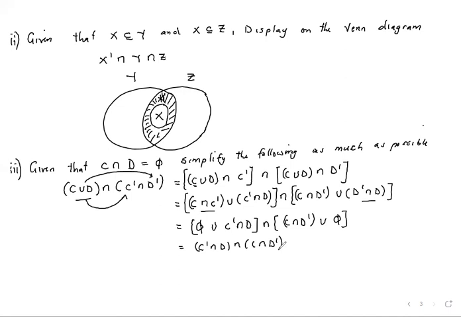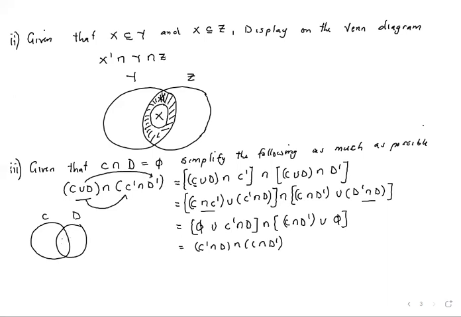Now if C intersection D is empty, if you have CD intersection is empty, then C complement intersection D is just D, because this is empty. There's nothing here.